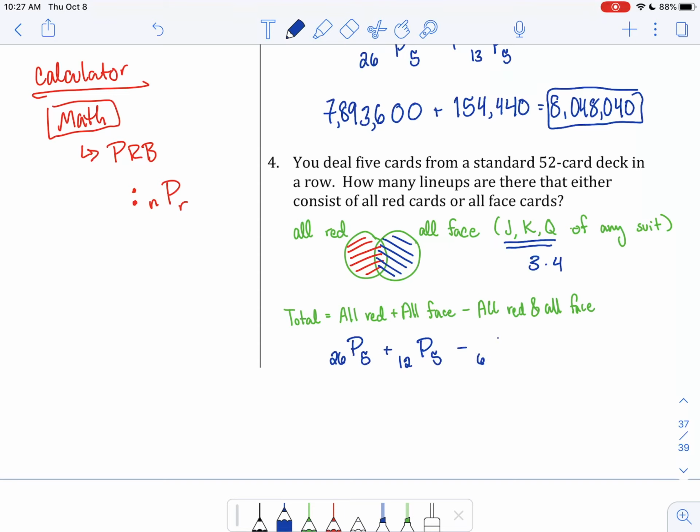So there's 6 of those. Arrange 5. Again, we're going to do this on a calculator, especially for that first one. The other 2 would be okay to do by hand. And we end up with 7,987,920.